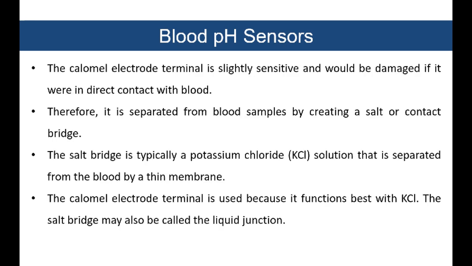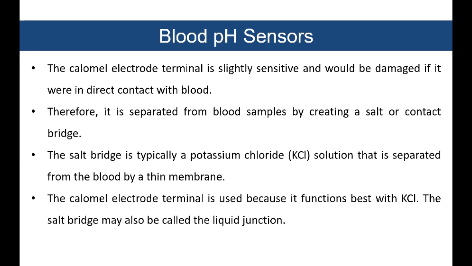The calomel electrode terminal is slightly sensitive and would be damaged if it were in direct contact with the blood. To protect it from damage, it is separated from blood samples by creating a salt contact bridge.